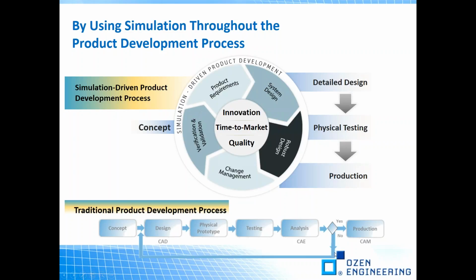If it didn't work, the engineers had to redo all the work and repeat the process. So it costs a lot of time and money. But with simulation, you can look at the total life cycle cost over time, and you can go through thousands of iterations before committing to any physical prototype.